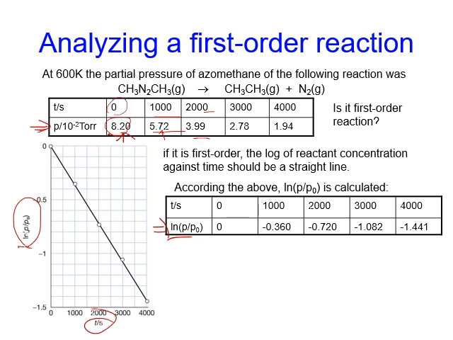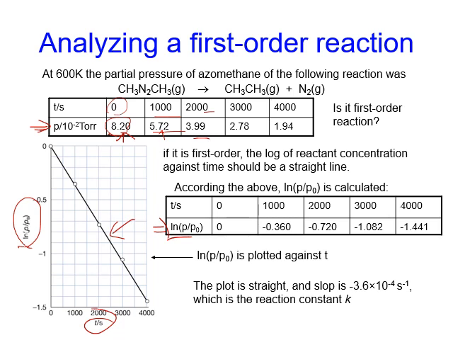Indeed, we get a straight line, and this indicates that the reaction is a first order reaction. The slope is negative 3.6 times 10 to the minus 4, which indicates the rate constant is 3.6 times 10 to the minus 4 per second.